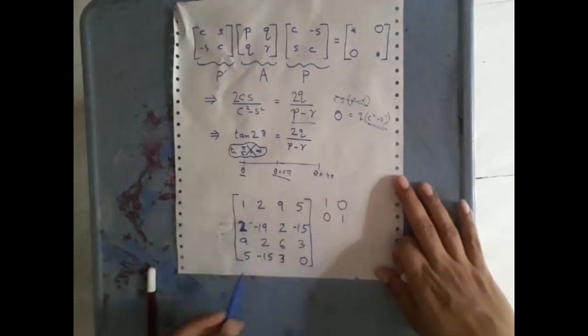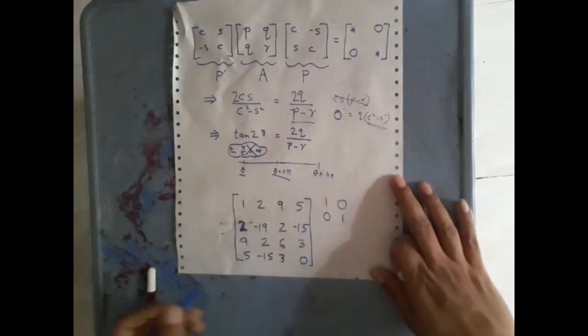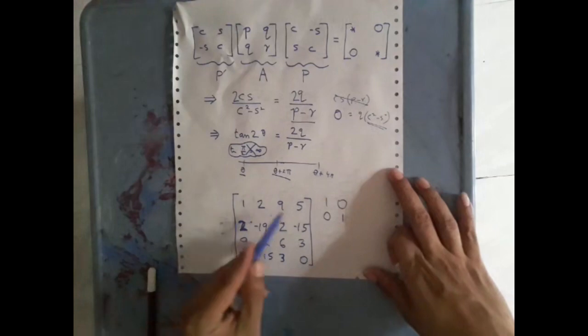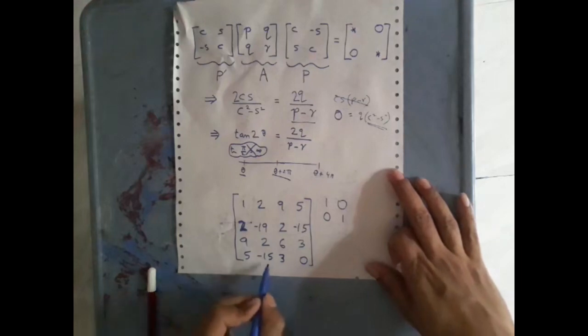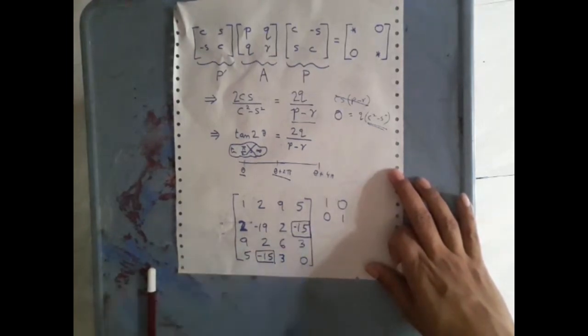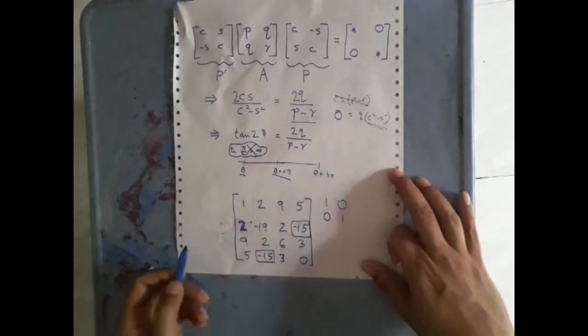Suppose this is our matrix A. In that case, we first identify which off diagonal entry has the largest absolute value, and these two are the things. So whenever this is the largest, that also has to be the largest because of symmetry.